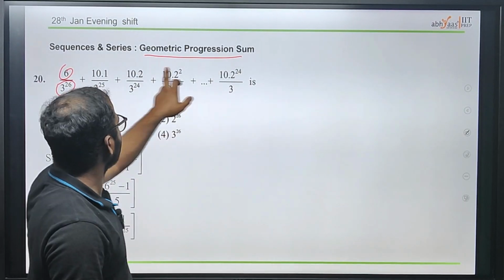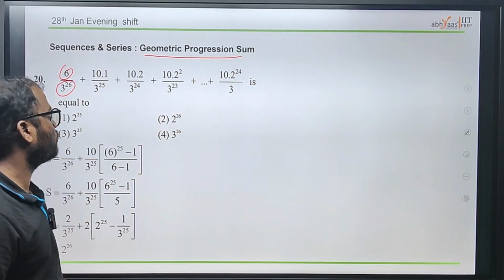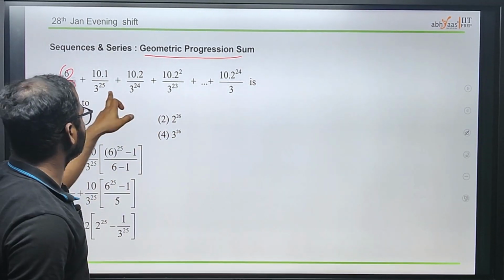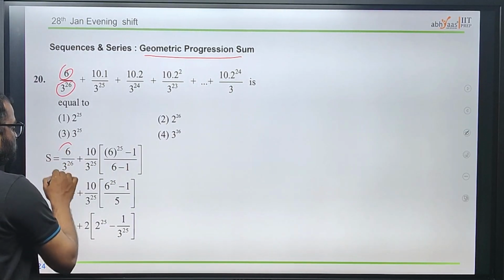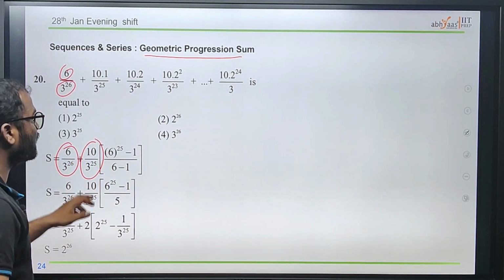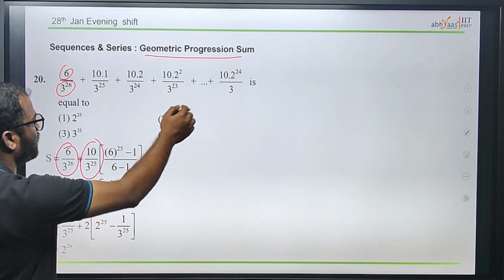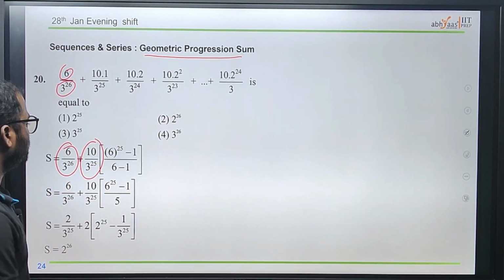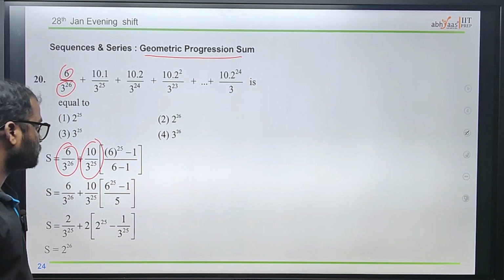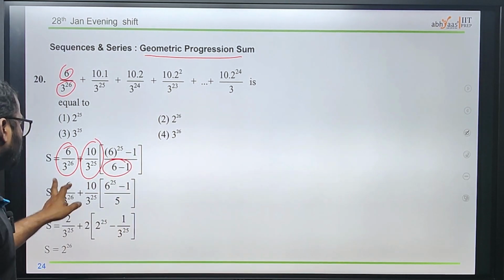In the numerator it is up to 2 power 24, and in the denominator we have 3 power 26. Using that, first term plus n by 2, up to 10 terms, divided by 3 power 25, r power 25 minus r minus 1. Just using that one.